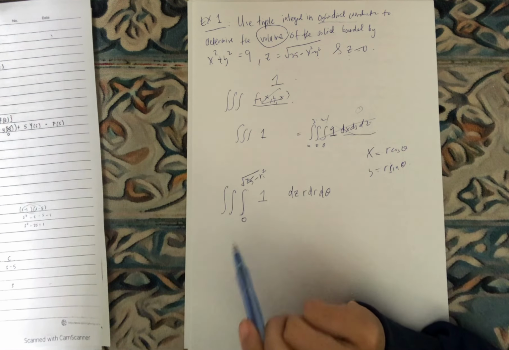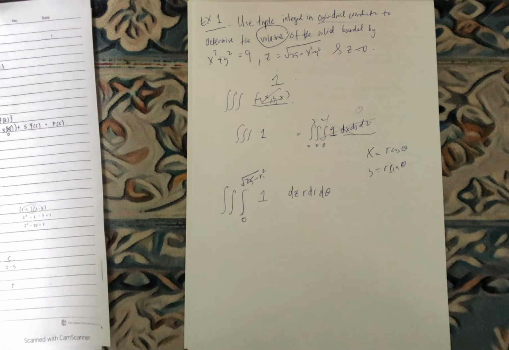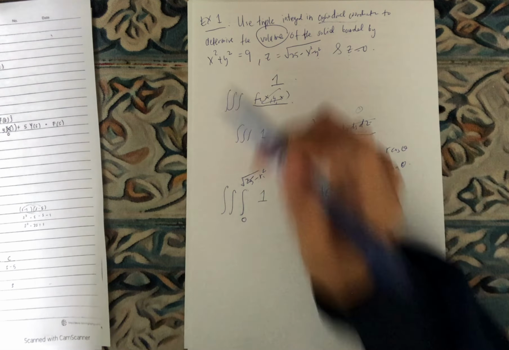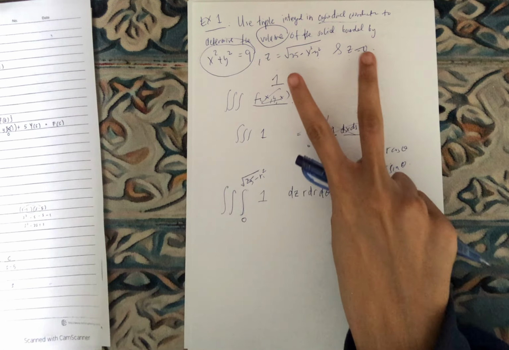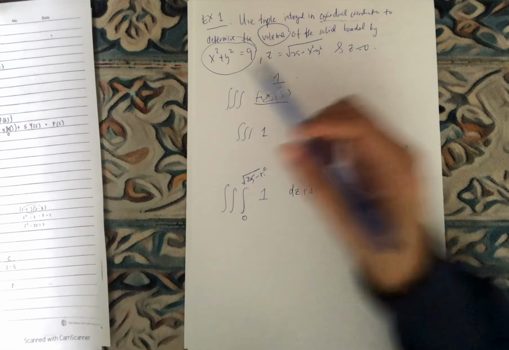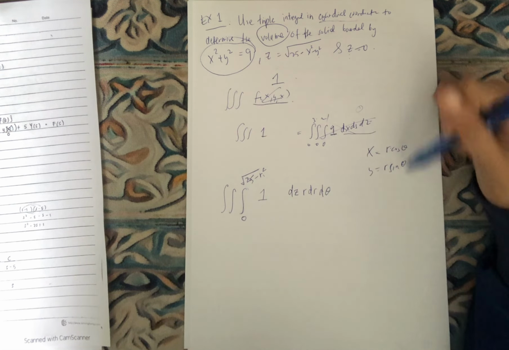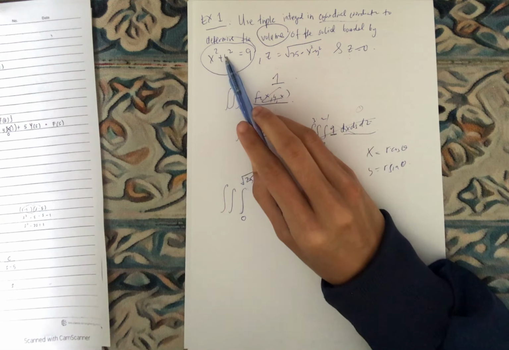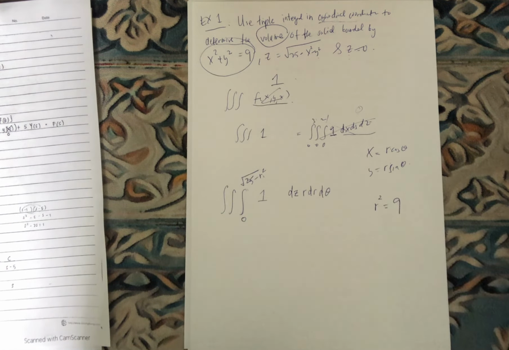Okay class, now the second limit will be for r. R is a radius. You get the r limit from this equation, because the other two we already used. So now we are left with this one equation. Same thing, you replace x equal r cos theta and y equal r sin theta in it, and you will get r squared equal to 9.